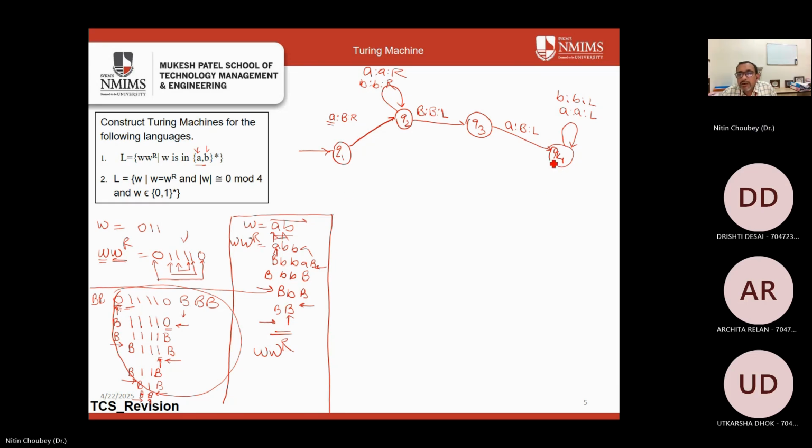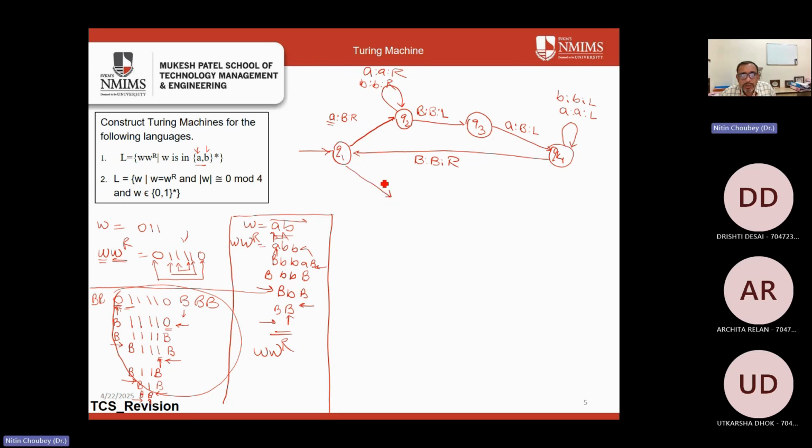And on the receipt of the first blank on the left-hand side, blank, blank, right. This is for the case when your first symbol is A.